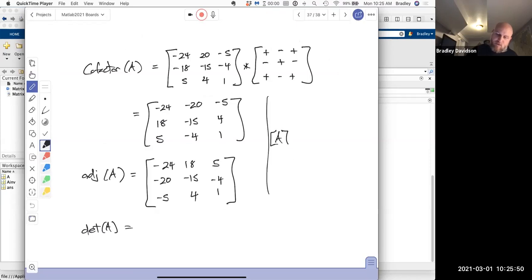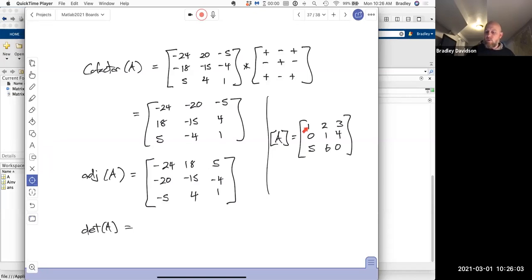So our A matrix is equal to 1, 2, 3, 0, 1, 4, 5, 6, 0. And so here where it's going to be our determinant, that's where we choose this element 1. And we're going to multiply it times the determinant of the minor. And so that means we'll just grab this negative 24. So 1 times negative 24.